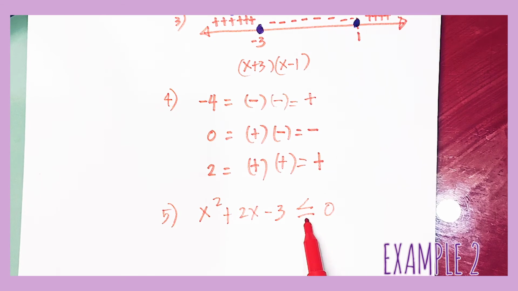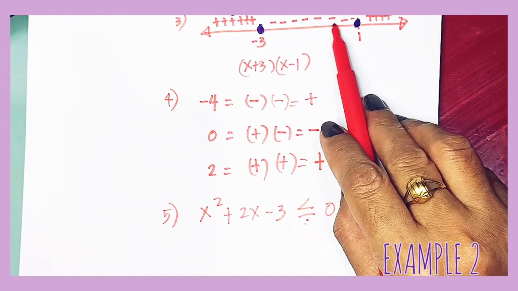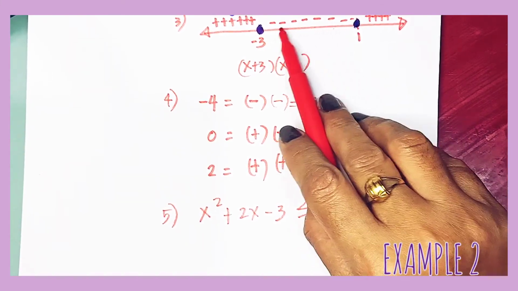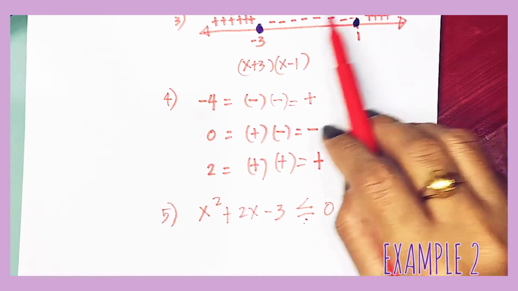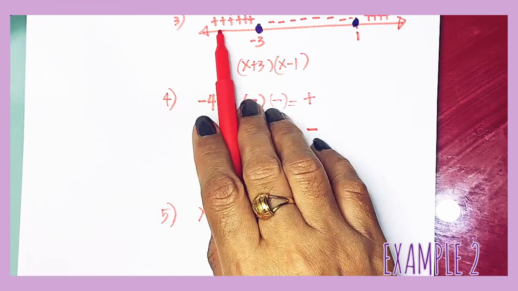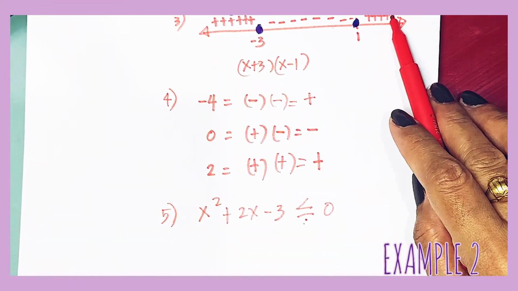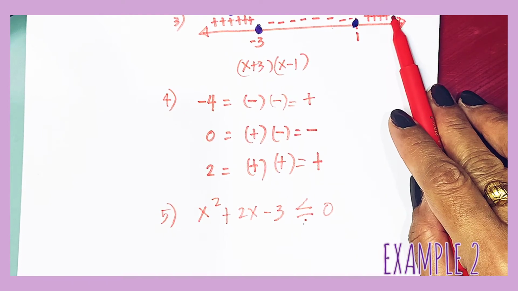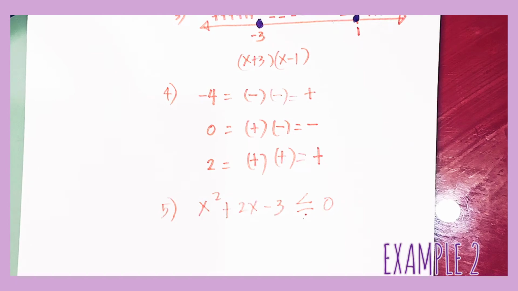The numbers that are less than 0 are the negative numbers, which are found in region number 2. So, region 1 and region 3 are not part of the solution. Only region 2.